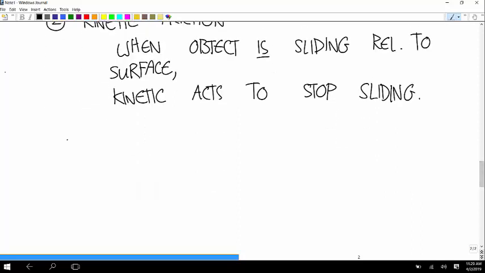So I'm going to start with static friction. Okay, so how do I want to say this?